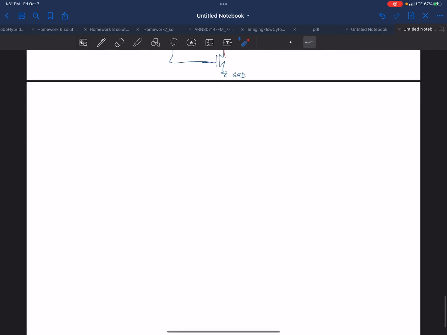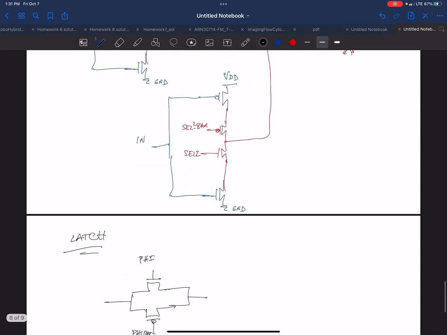So again, this is the latch. We had the transmission gate on the input. So this was phi and phi bar. By the way, the symbol for this guy is still an inverter, but they put an extra 2 inputs here.